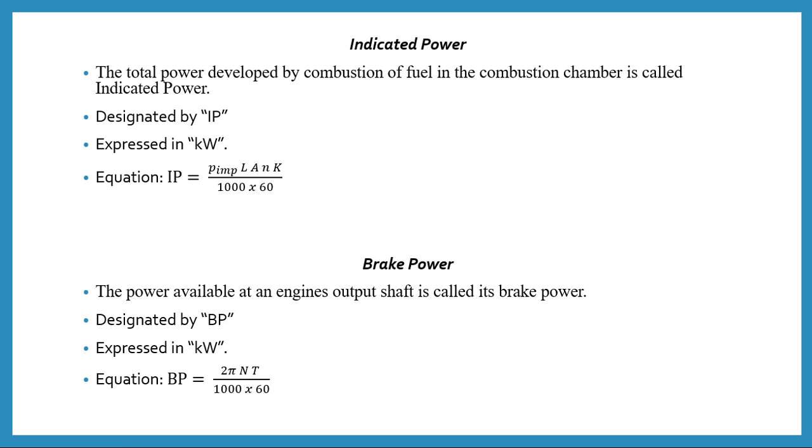The indicated power means the total power generated, which is developed by the combustion of fuel in the combustion chamber. When the air and fuel mixture is burned properly inside the combustion chamber, an amount of power is generated.